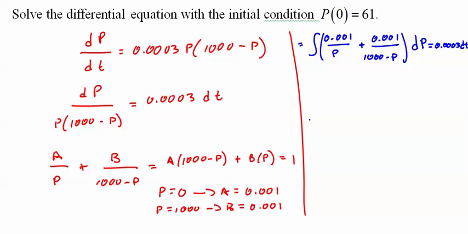I'll write it out. Dividing out the 0.001 makes life a little bit easier here. So natural log of P minus natural log of 1,000 minus P. Notice no absolute value because we know it's going to be positive in the real case. There's the 0.001 divided out, plus C.